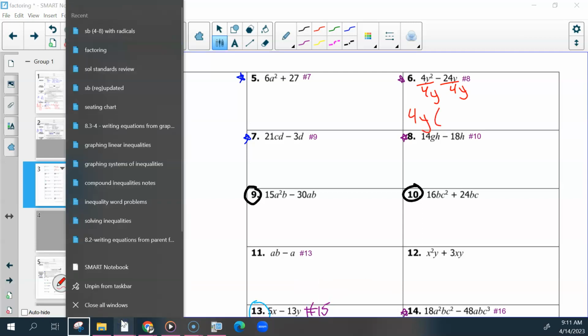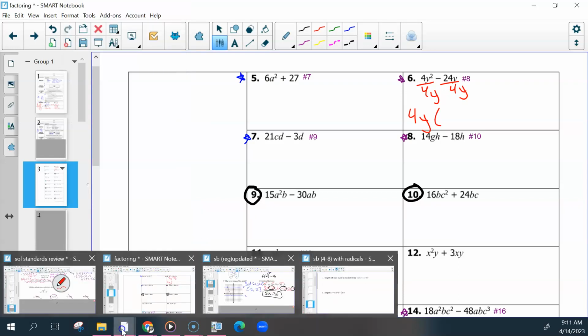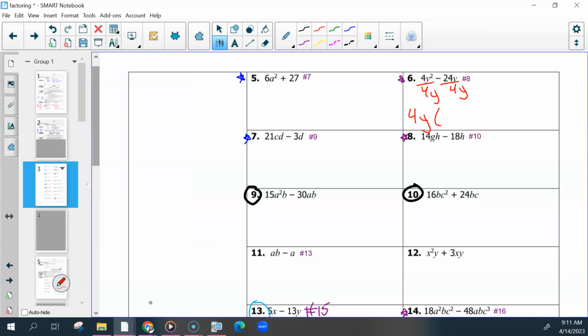What would be left for the second one? What about the first one? 1. It's y minus 6, and that would be it. And you could distribute that back, and we should get 4y squared minus 24y.